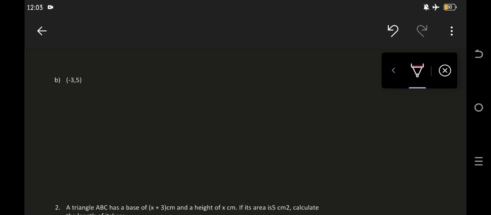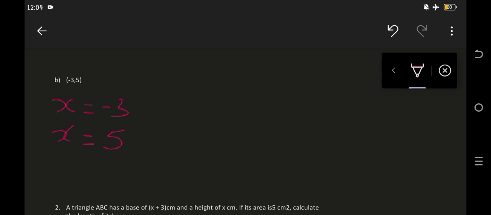We have negative 3 and 5. This means that x is equal to negative 3 and x is equal to 5. Now remember the steps that we took in the first example.